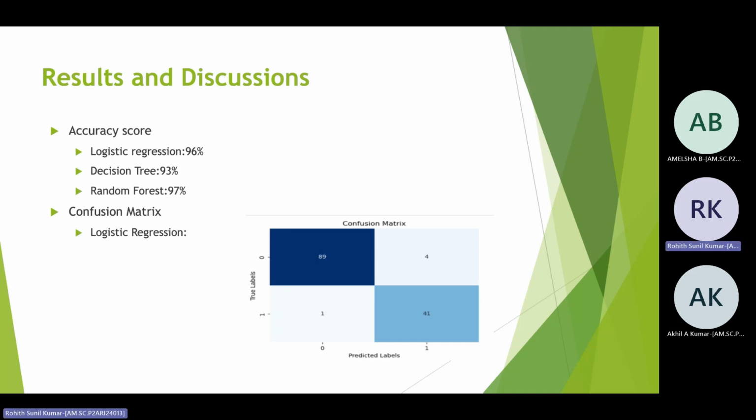In this confusion matrix, first we are discussing logistic regression. We have 89 for true negative and 41 for true positive, and for false positive we have 4, and the value for false negative is 1.